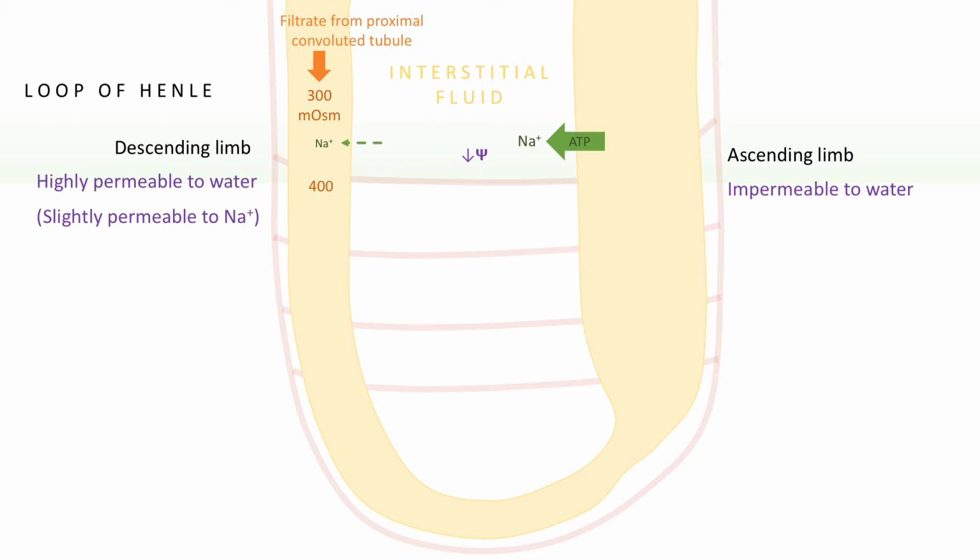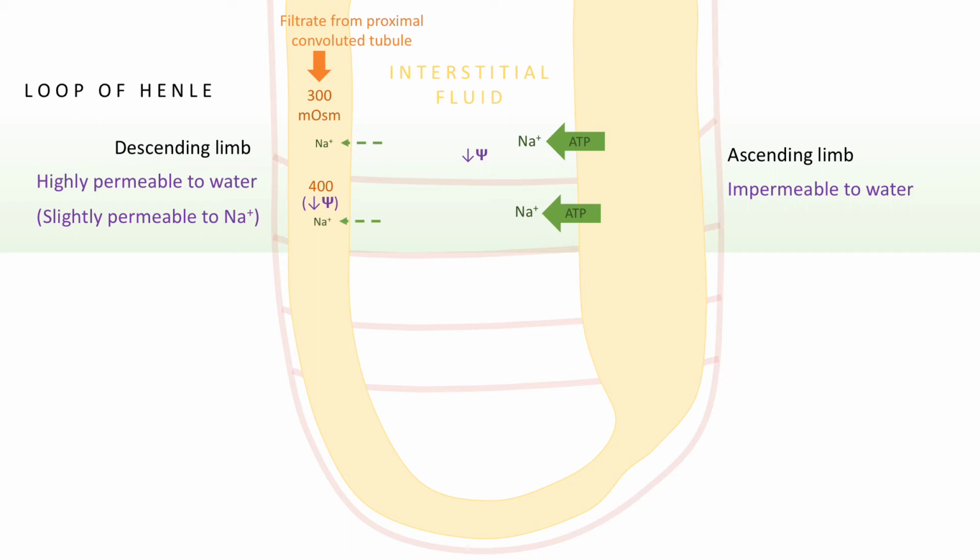That obviously lowers the concentration, or the osmolar concentration of the filtrate, and as a consequence lowers the water potential. And as we move down, sodium ions are actively transported out, so that increases the sodium ion concentration in the interstitial fluid.